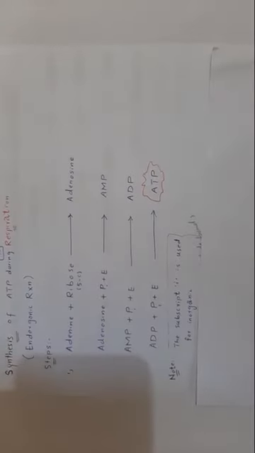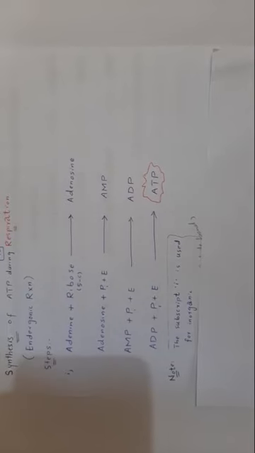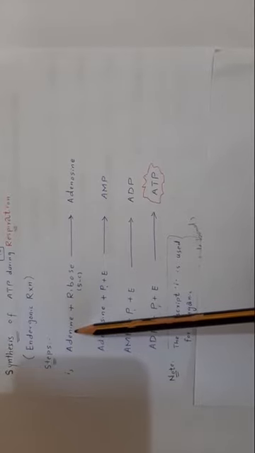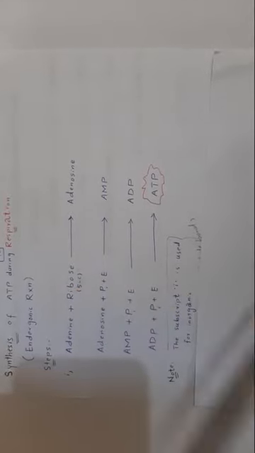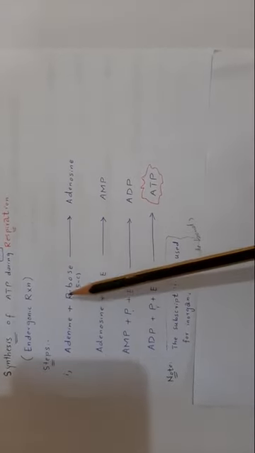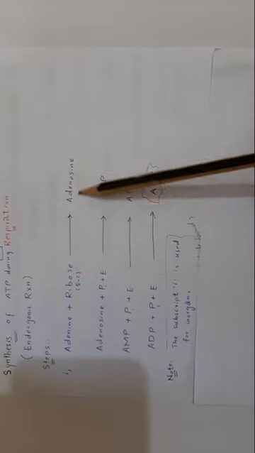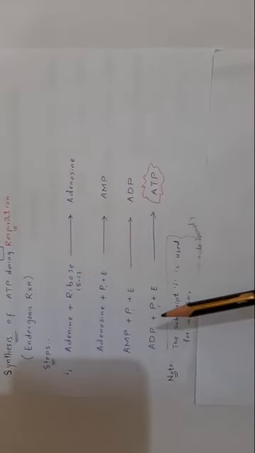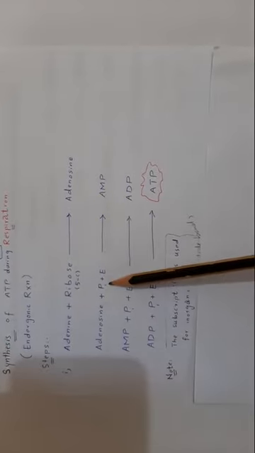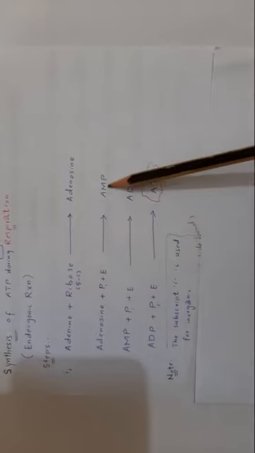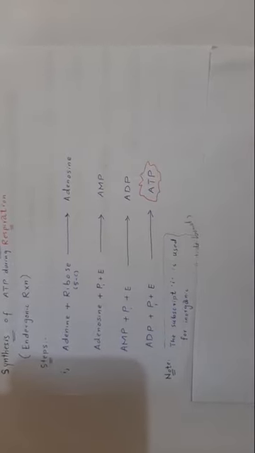Now we will study synthesis of ATP during respiration. You know that it is an endergonic reaction. It requires energy. So in the first step, adenine, a double ring nitrogenous base, is linked to a 5-carbon pentose sugar or ribose sugar, forming a molecule known as adenosine. Then when adenosine is bonded to a single phosphate, it forms a nucleotide called adenosine monophosphate.